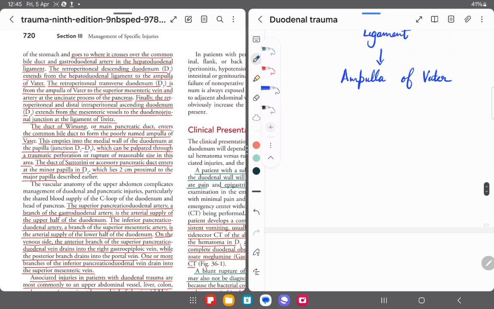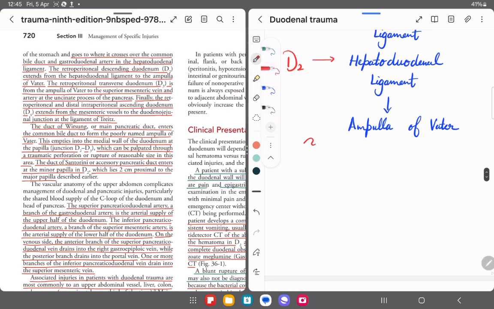So this is D2. D2 is the retroperitoneal descending duodenum, extends from hepatoduodenal ligament to the ampulla of Vater.